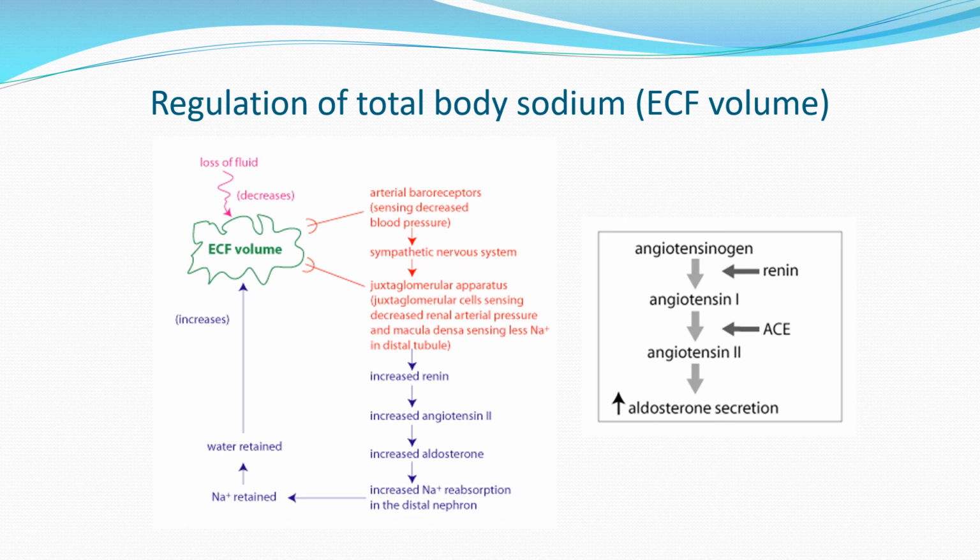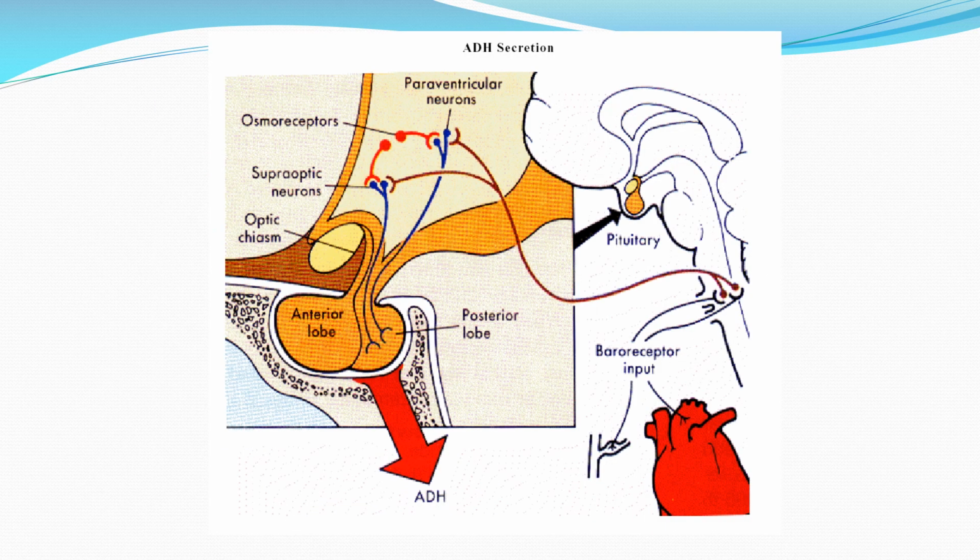The opposite occurs with an increase in total body sodium, where ultimately there is reduced aldosterone production and increased excretion of sodium and water to lower our ECF volume. Our sodium concentration is regulated primarily by our thirst mechanism and ADH, which is regulated by the posterior pituitary gland.